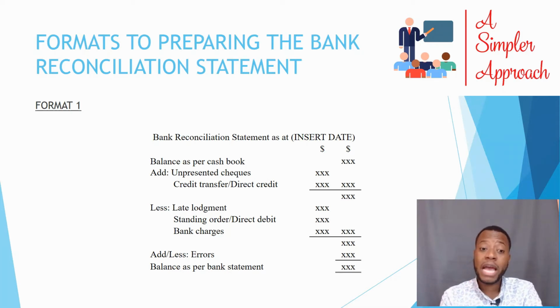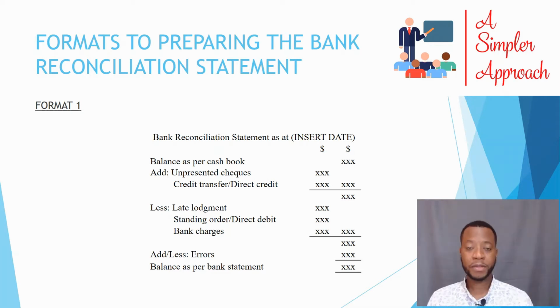Oh, by the way, I must tell you, the reason why unpresented checks are added to the balance of the cash book is because of the timing difference. This situation would not yet have been recorded at the bank, which means that the bank balance would be higher.